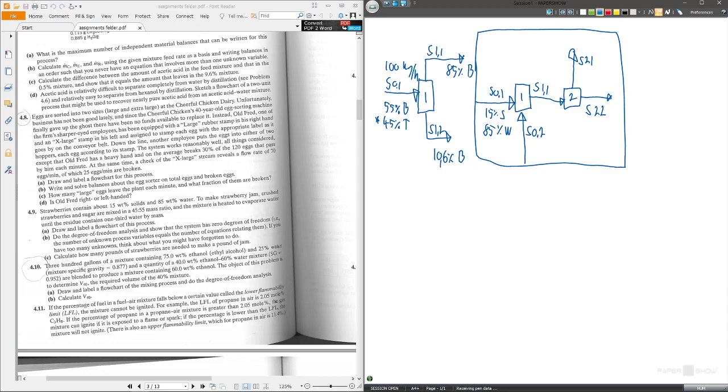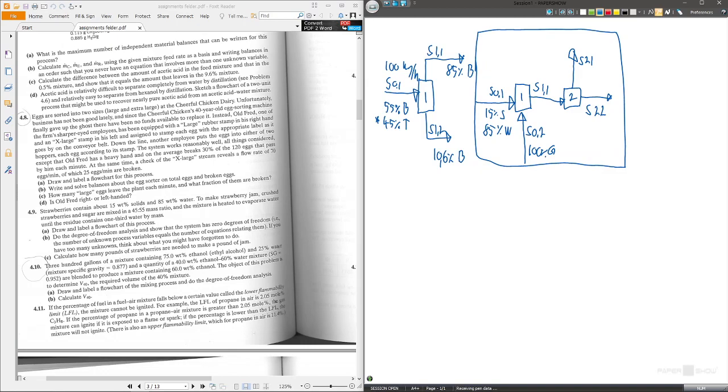Our 02 is where I want to add my sugar, or my glucose I've decided to call it. This will be pure sugar, so that is 100% of glucose.